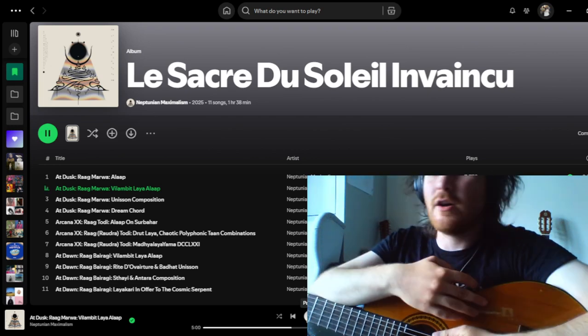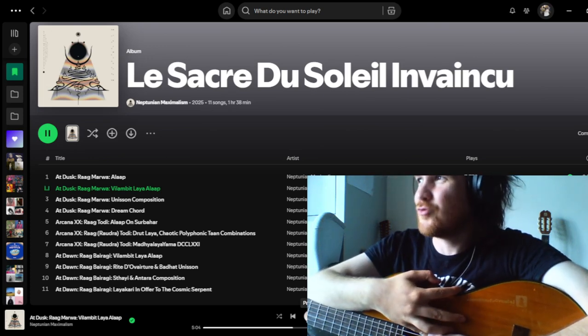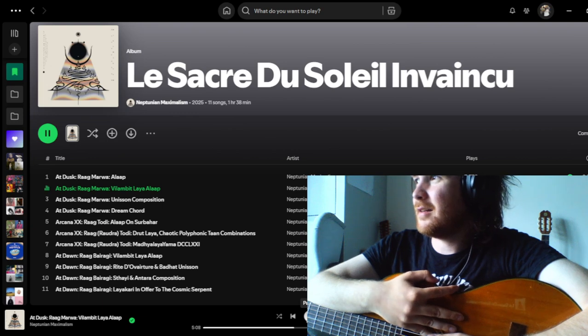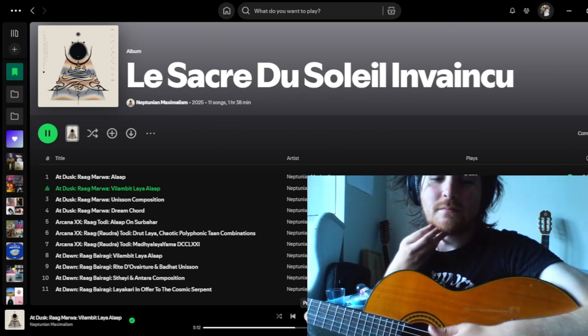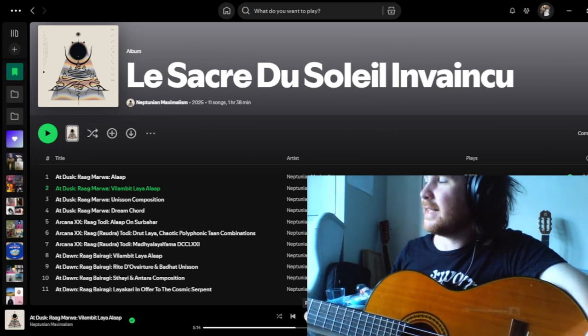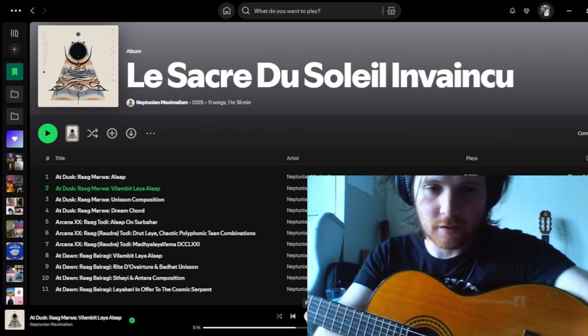What an interesting ensemble this is. Guitars, bass guitar, drums, another guitar, and some trumpets. Okay, the guitars have now mainly settled on just one note for the B flat. It's not even a power chord now.